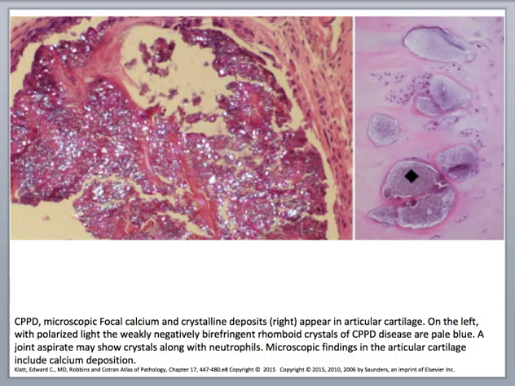The joint aspirate may show crystals along with neutrophils, although typically the degree of neutrophilia in the joint fluid is less than in acute gout.